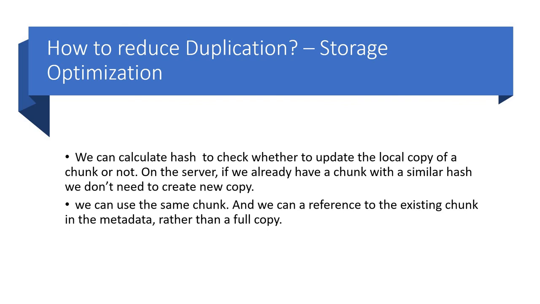So how do we reduce it? That is why, at the time of discussing metadata, we discussed that we should also create a hash of the chunks so that we compare the hash and see if such a hash is already present. If it is, then we do not upload the chunk, we only keep the reference of it and we remove the current chunk.